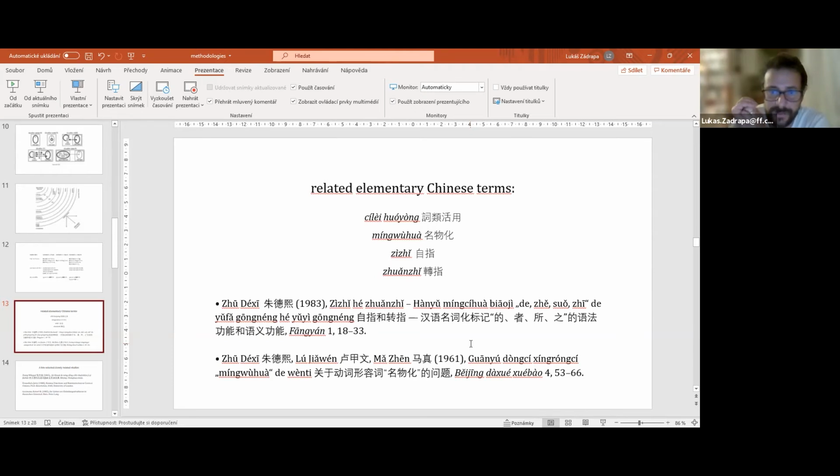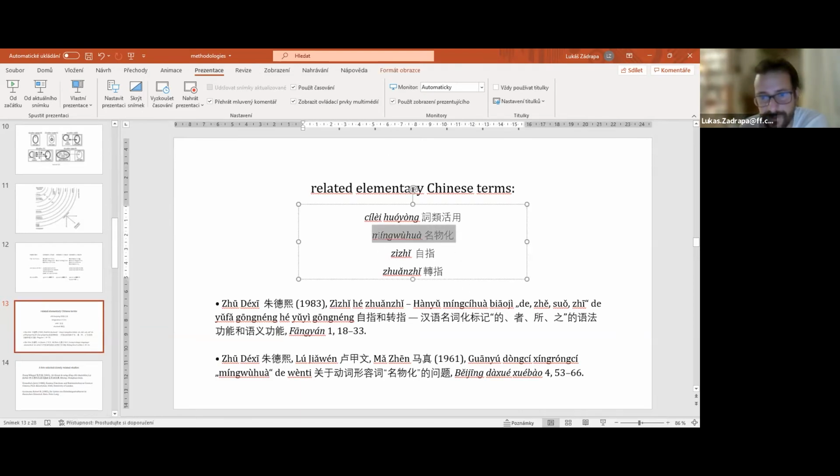First of all, I would say, of course, we have this term for nominalization in general, Minguhua, and it is very often described in the framework of word class flexibility, or word classes being used in unexpected ways, I would say.